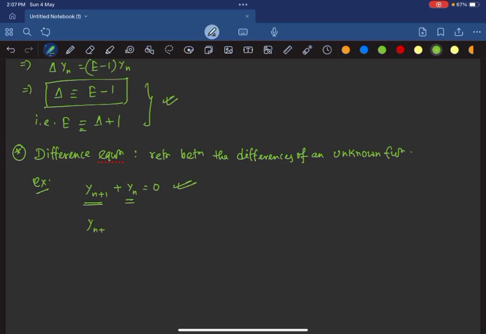If I write yn plus 2 minus yn plus 1 plus yn is equal to 5, this is another difference equation. Based on the physical problem we can have different types of difference equations. We can have linear, non-linear, homogeneous or non-homogeneous equations. So this is the formal definition of difference equation.